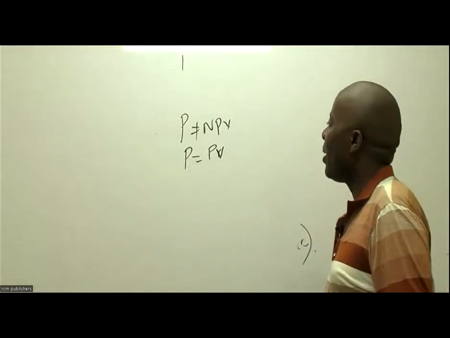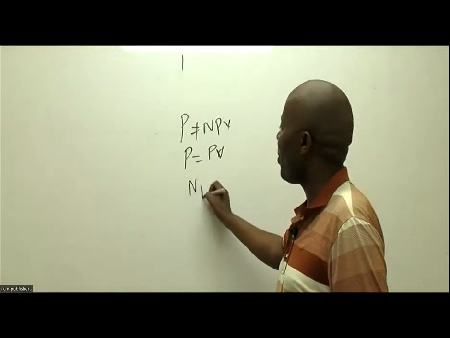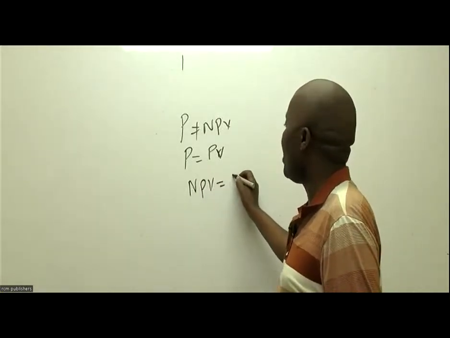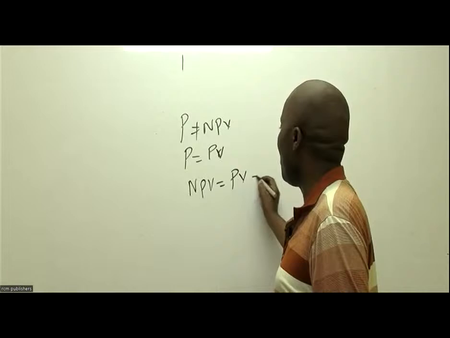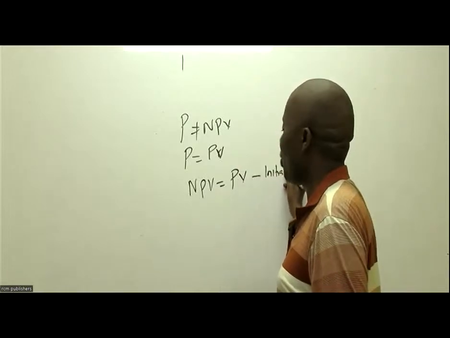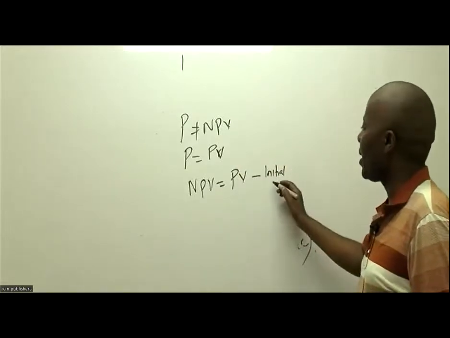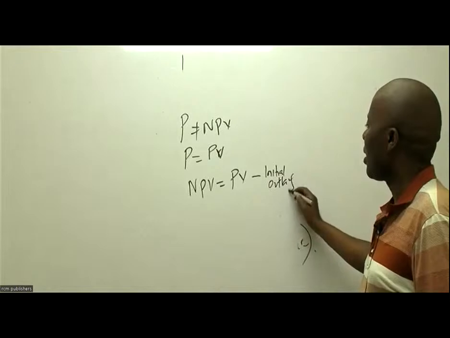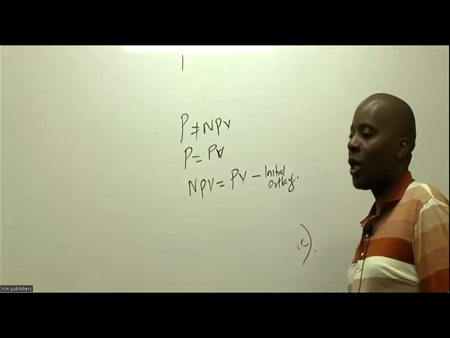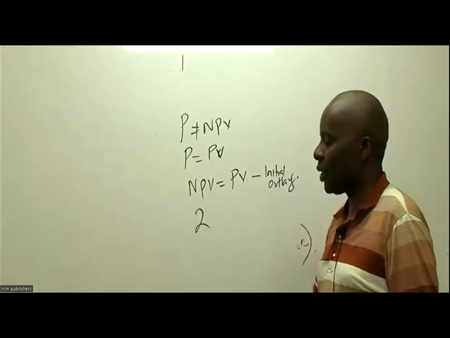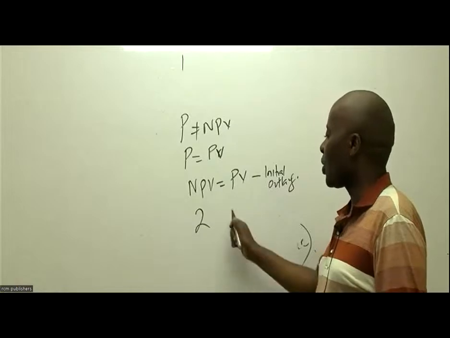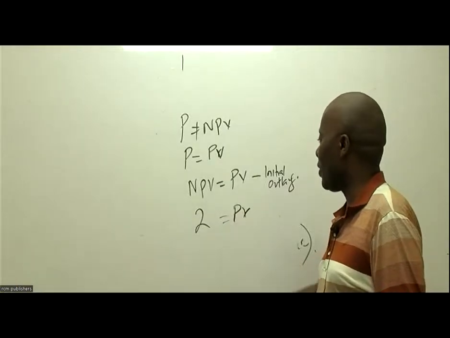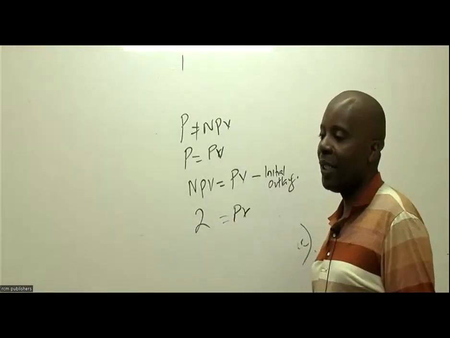And then remember that to get net present value, we normally take the total present value minus initial outlay. So these guys have given us net present value, which is 2. They haven't given me present value, but they have given me the initial outlay.